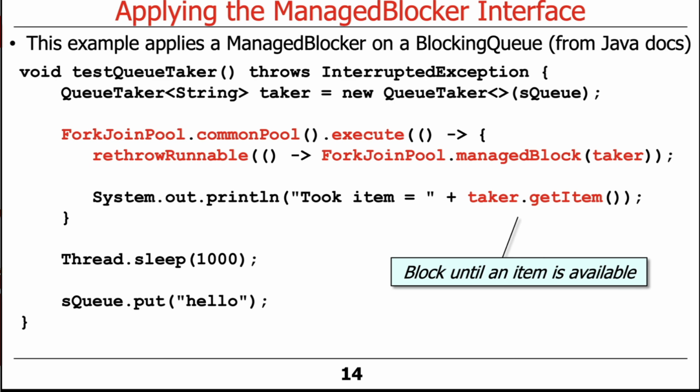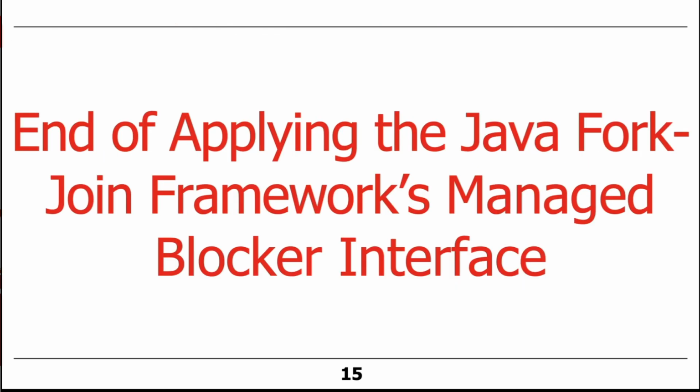This will run in the common fork join pool. This will run in the calling thread, and in that particular case, it's going to sleep for a second and then put hello into the queue, which will then trigger this thing to return. So that's the end of the example that shows how to apply the Java common fork join pool's ManagedBlocker interface.